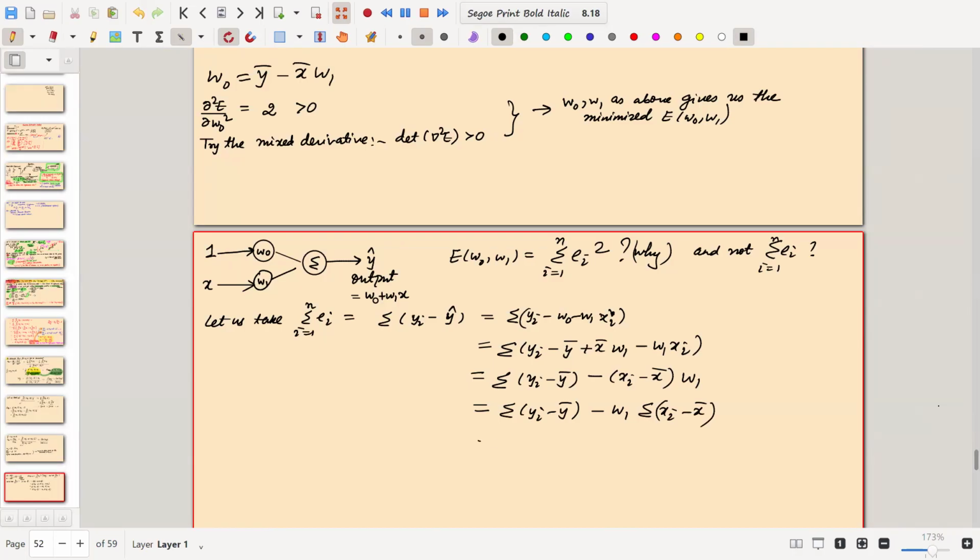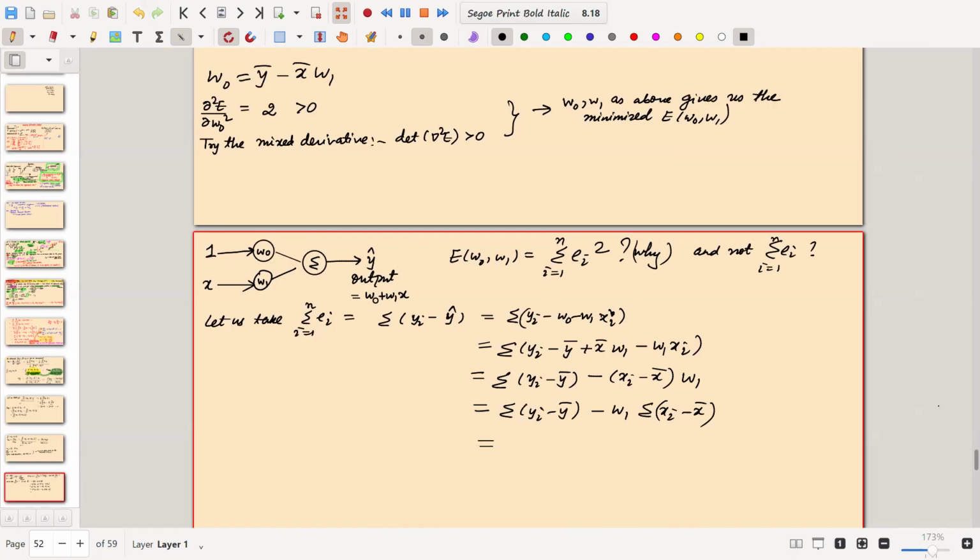Agree. What is this quantity? Can you tell me what is this quantity? Think carefully.